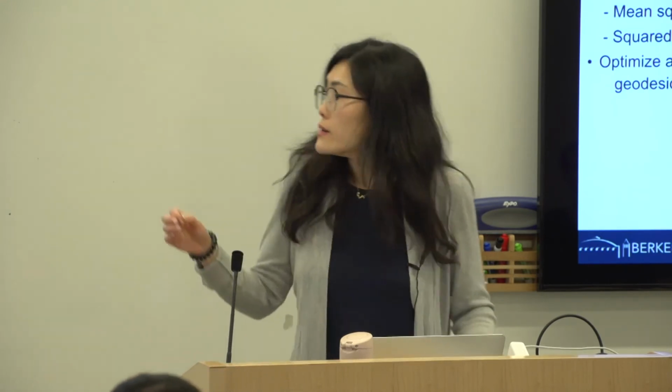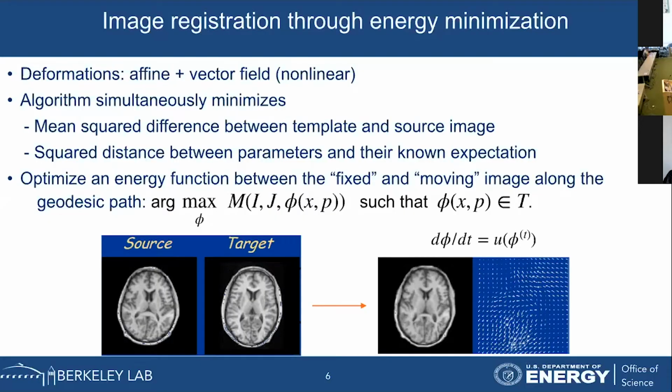On the bottom right, I'm showing the velocity field or vector field. You could imagine this in the registration process from a fixed image and a moving image. And by basically integrating this vector field through time, you eventually find this geodesic path.